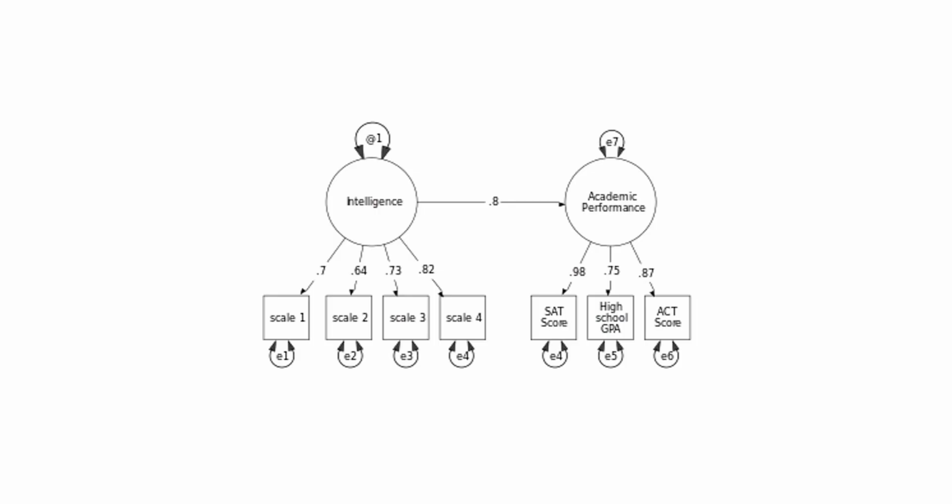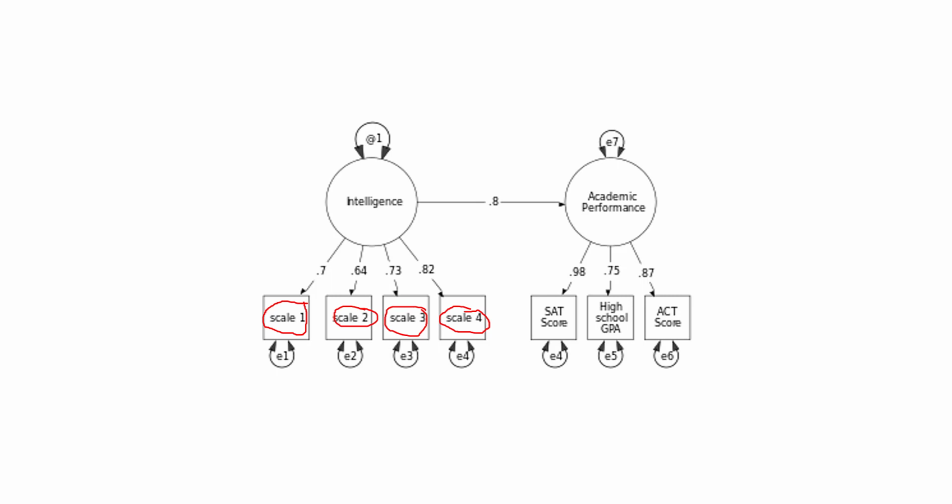Here, in this first example, we've got a similar type of model that we saw with exploratory factor analysis, but what we have is intelligence, and it's measured by 4 different items or 4 different scales. So we could imagine vocabulary, block design, matrix reasoning, and something else that is being measured to measure intelligence.